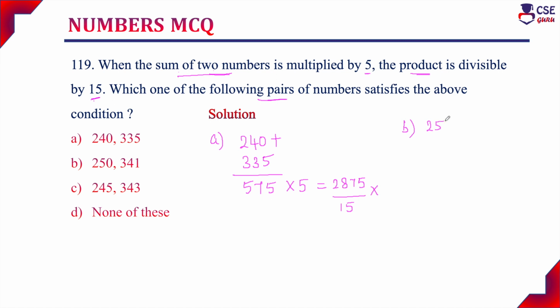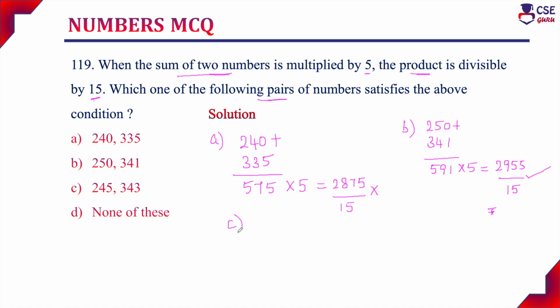Next, check option B. That is 250 plus 341. So we will get 591. And 591 should be multiplied by 5. We will get the sum 2955, and check whether it is divisible by 15. Yes, it is divisible by 15.